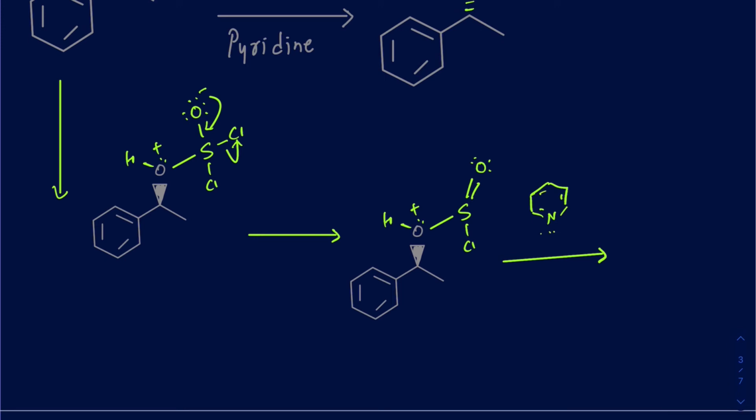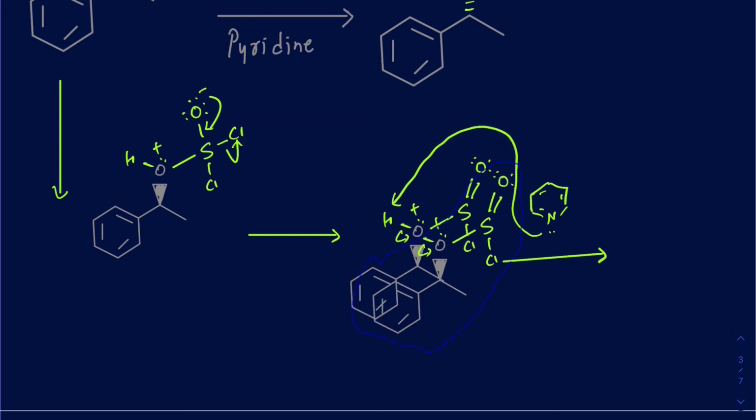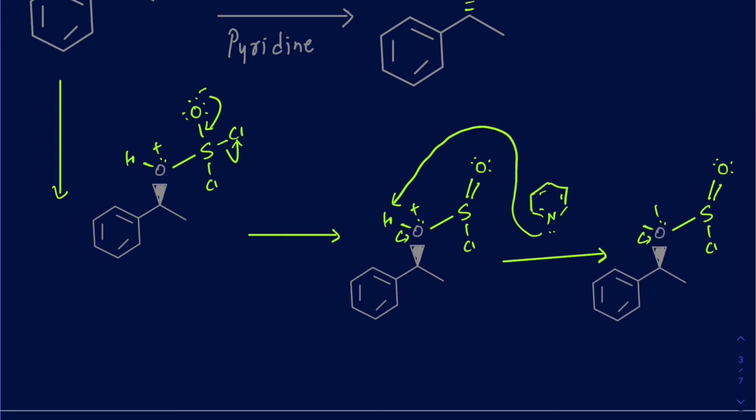I'm going to be using this lone pair on the pyridine to grab that proton and restore the electron density back on the oxygen. And this is how it's going to look like at that point. Oops, no positive charge, just two lone pairs.